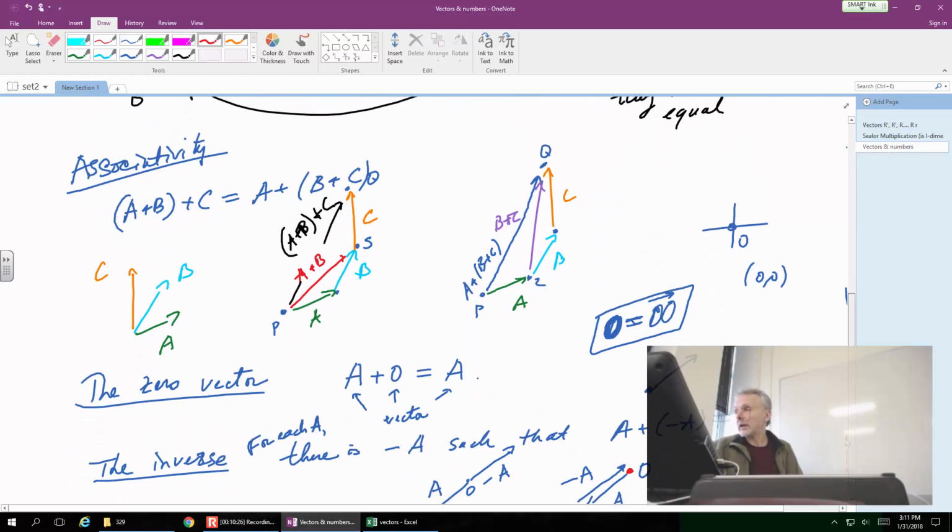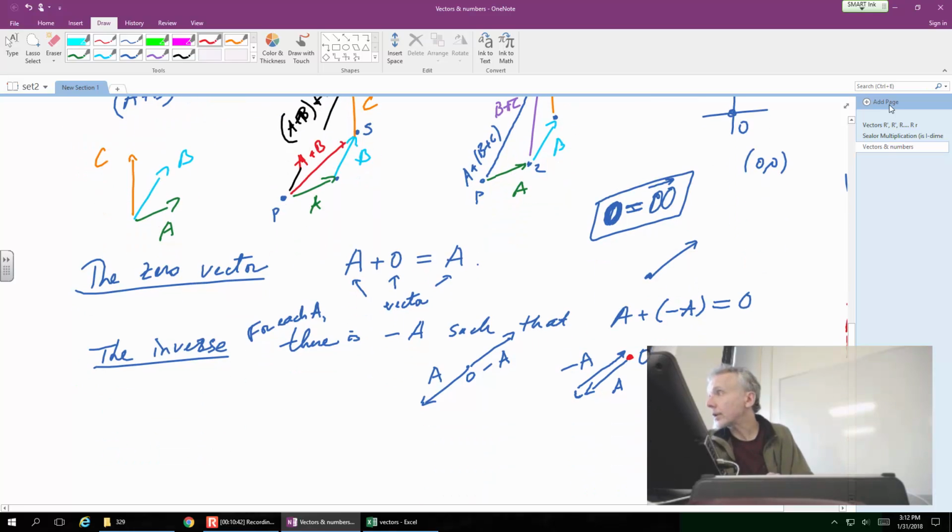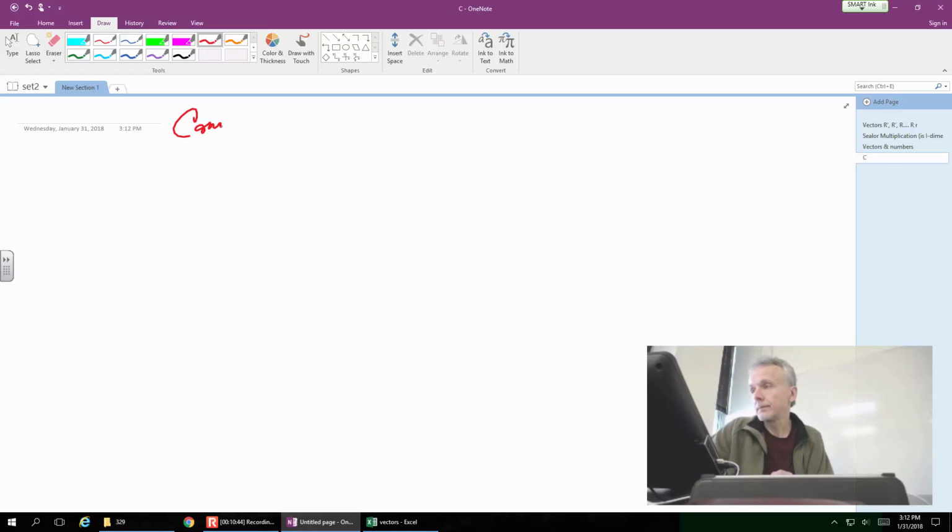So let's revisit this now in the light of the component representation of vectors, still in low dimension. Components of a vector are really uncomplicated.